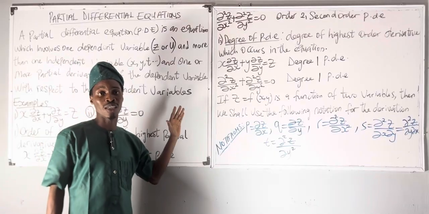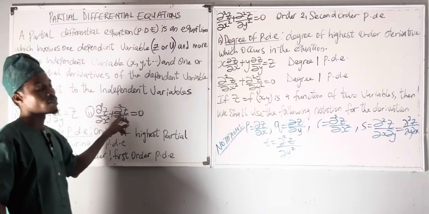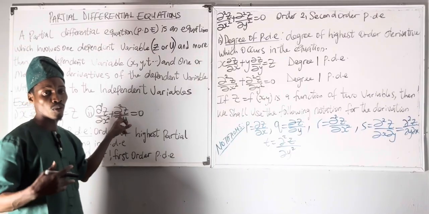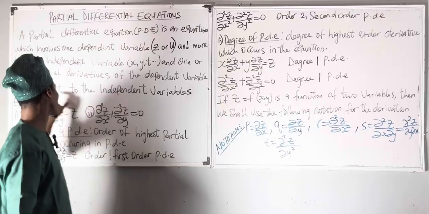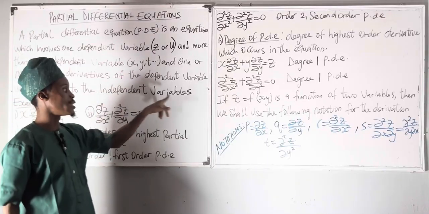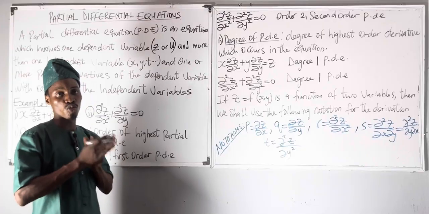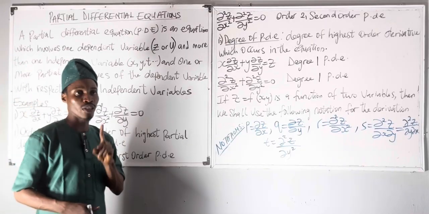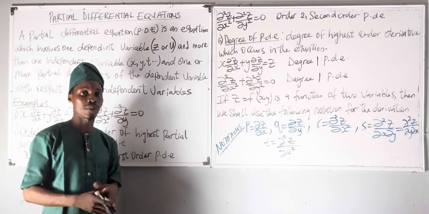We call the equation a partial differential equation, and this is the symbol for the sign. That is, the dependent variable depends on more than one independent variable. So it means we are differentiating with respect to more than one variable, that is, two or more independent variables.